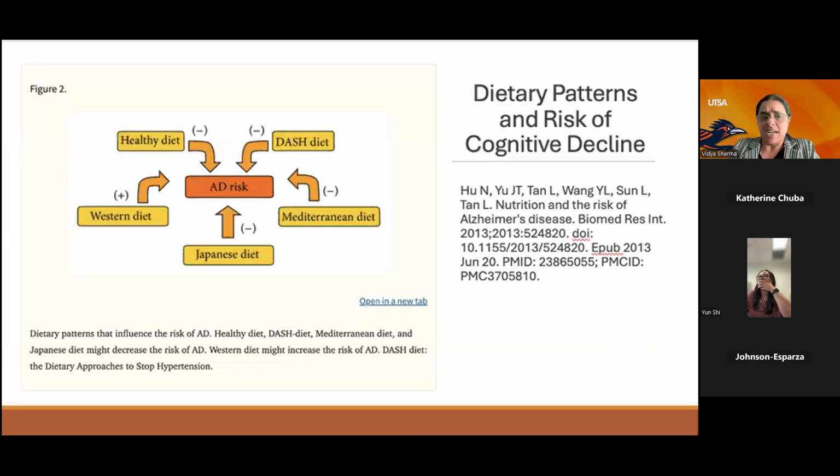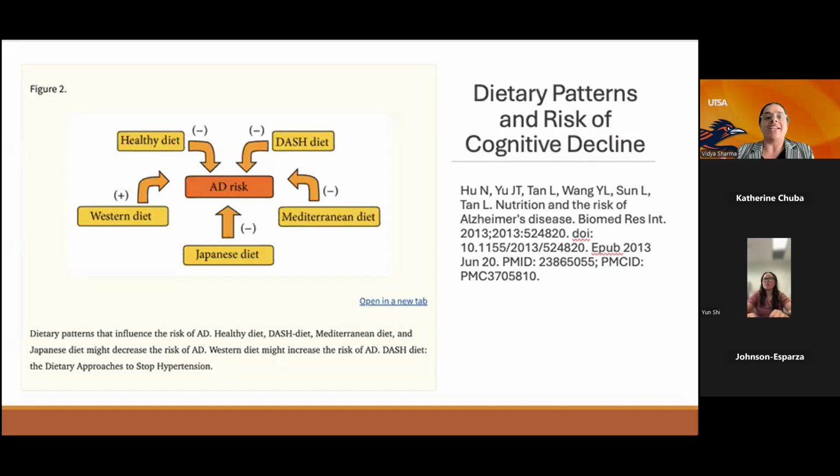So, taking a deep dive into some of those evidence-based diets. We started with the very basic My Plate recommendations, which is to make sure everything is in proportion, make sure things are balanced, and you're looking at portion sizes. I really like this image, which is from another publication.